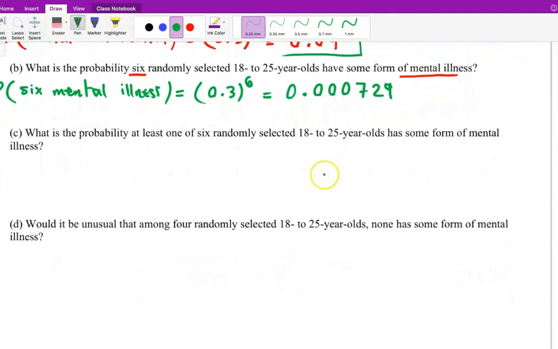Now next one, what is the probability of at least one of 6 randomly selected having some form of mental illness? We have 6.